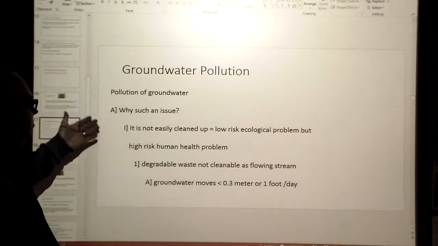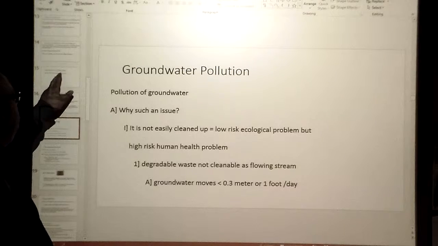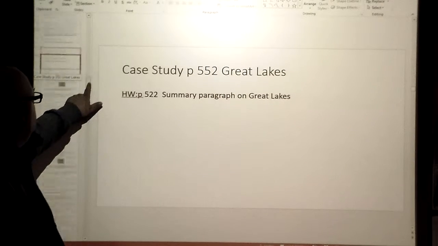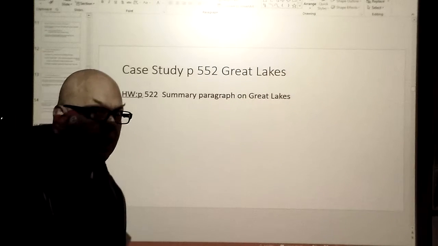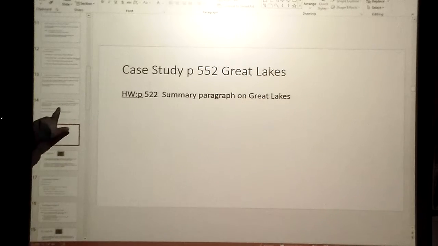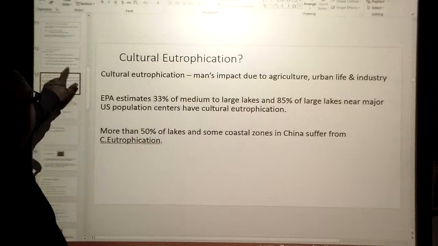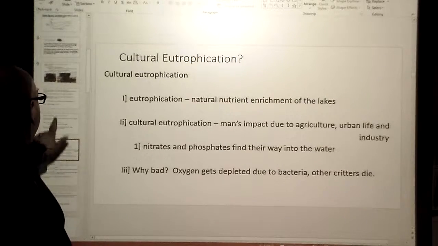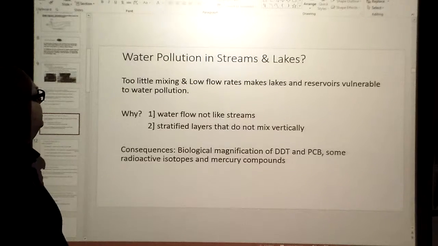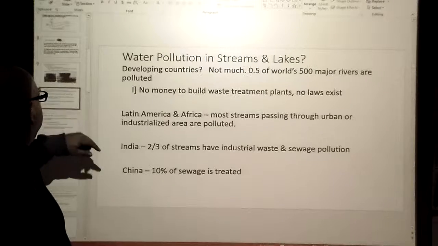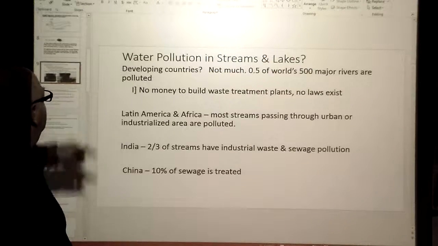Pollution of groundwater, why is that such an issue? Don't forget your homework, which is up on the My Assignment Center. Cultural eutrophication, we talked about that. We also looked at polluting of waters, streams and lakes. We looked at developing countries.